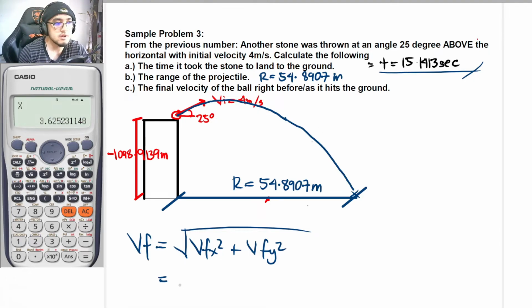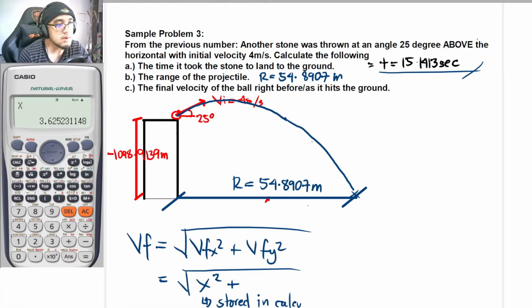So this is now the square root of x stored in my calculator, squared, plus what is now our Vfy. For our Vfy, it wouldn't be the same as our initial Vi.